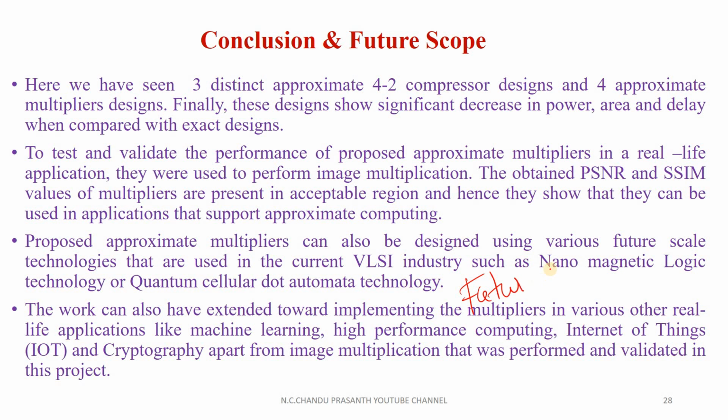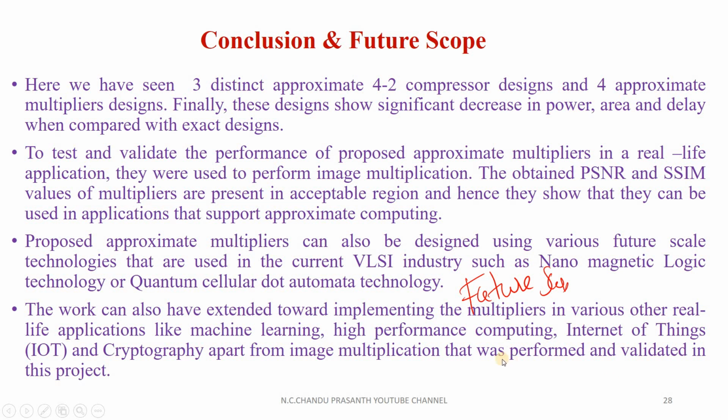This work can also be extended. Here I am considering only image multiplication. It can be extended toward implementing multipliers in various other real-time applications like machine learning, high performance computing, IoT, cryptography, apart from image multiplication, which was performed and validated in this project.